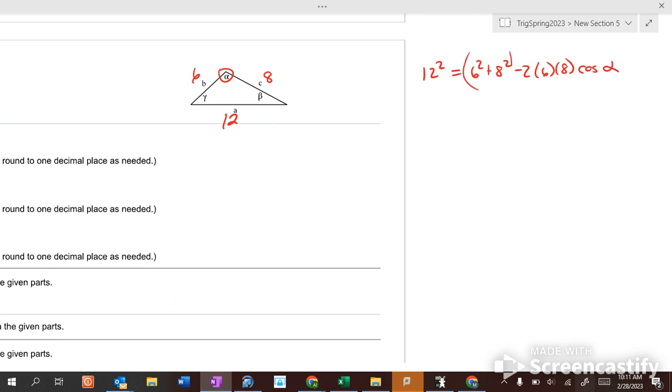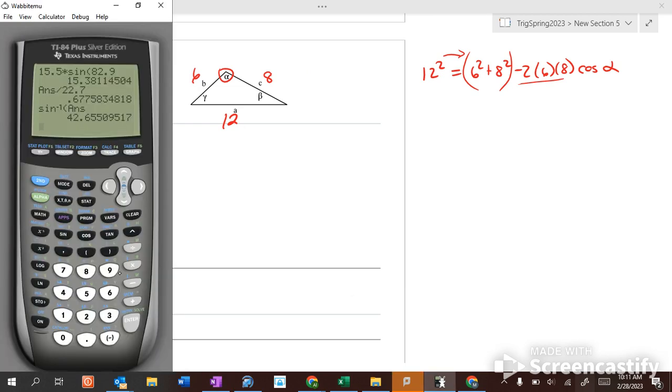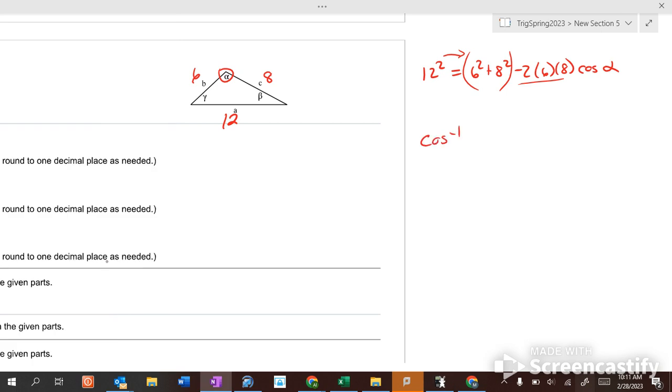So on my calculator, I take this minus that and then divide by this. I'm going to go inverse cosine, and it puts a parenthesis in there, but we got to put a second parenthesis in there for the top. So it's inverse cosine, parentheses, and then a parenthesis around the top: 12 squared minus 6 squared minus 8 squared.